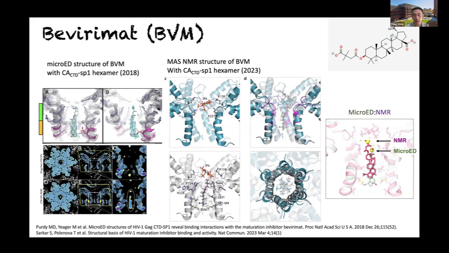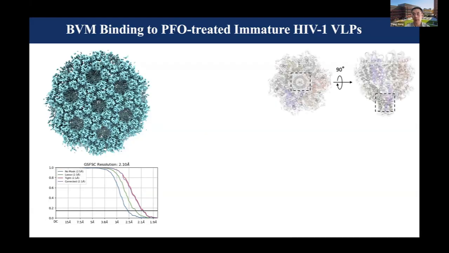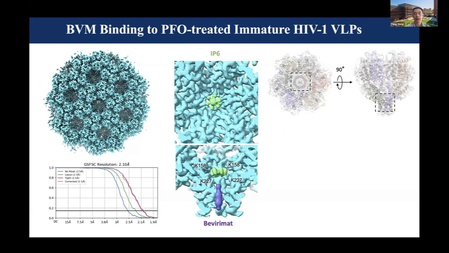So we, of course, used our in situ cryo-EM to look at this, to get high resolution in the native environment, hoping to resolve this issue. In this case, we get to very high resolution, about 2.1 angstrom. In the top view you can see the IP6 molecule, very important for the virus, a host small molecule cofactor.